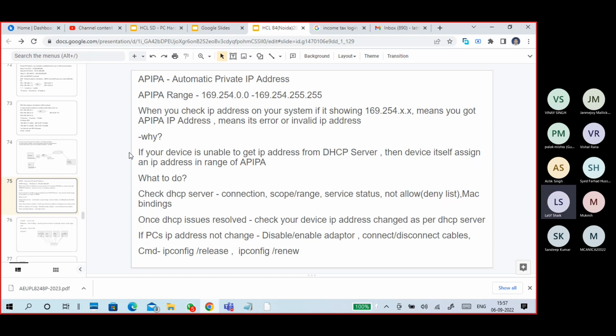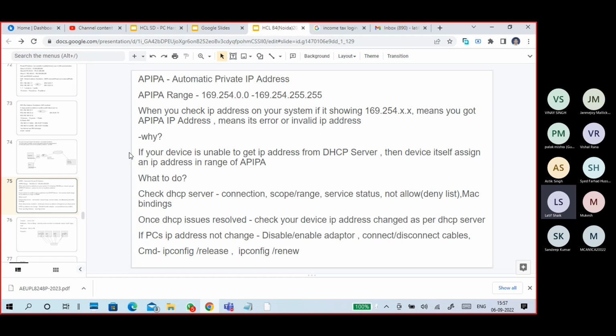Make sure there is an IP address available, and check connectivity and service. Make sure the DHCP server is working, then try again to get an IP address.